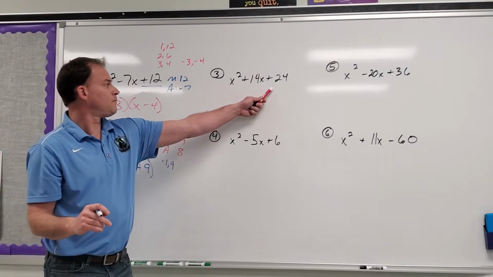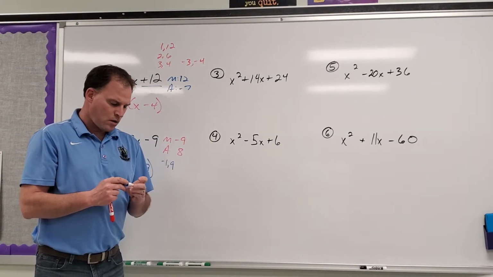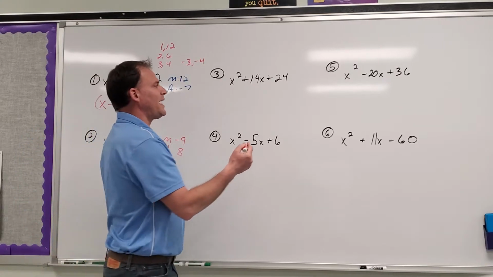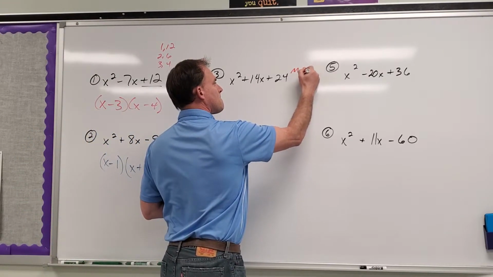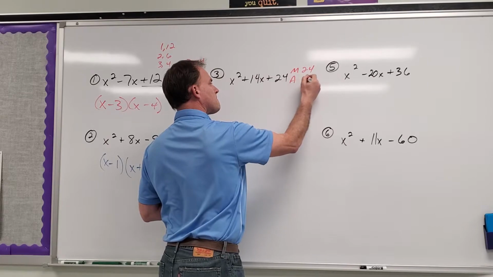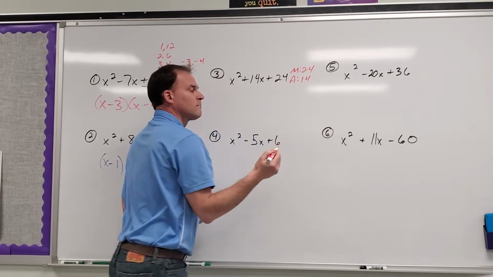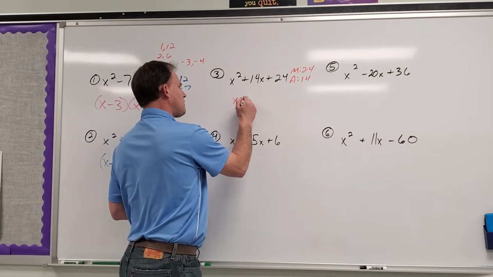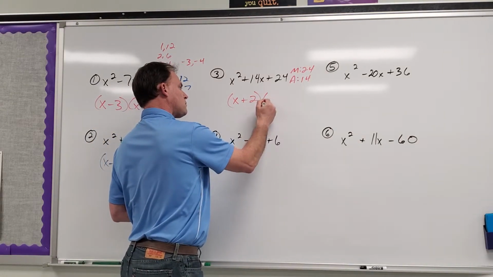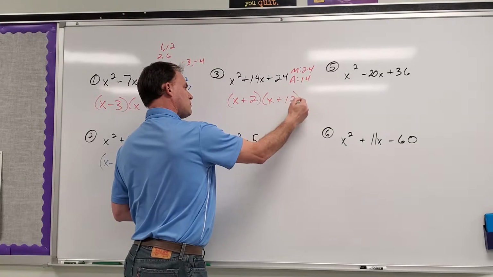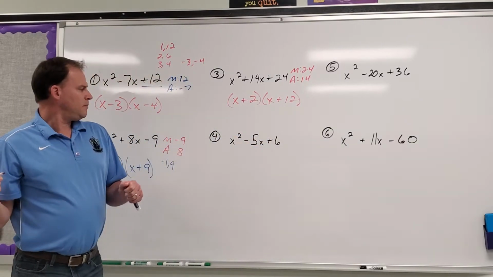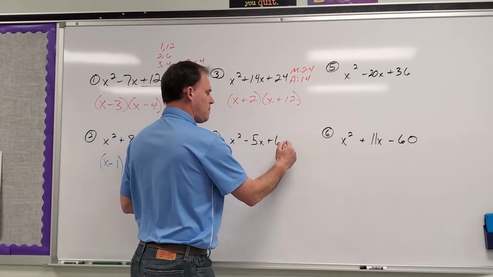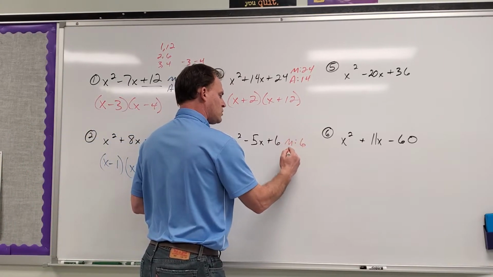Do it again. Number 3. Multiplies to what? What's my multiply number? What's my add number? Anybody come up with it? Good. All right. Number 4. What's my multiply number? What's my add number?